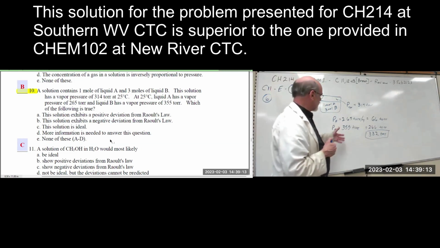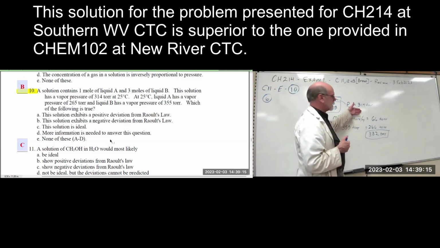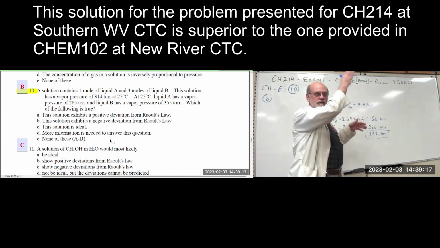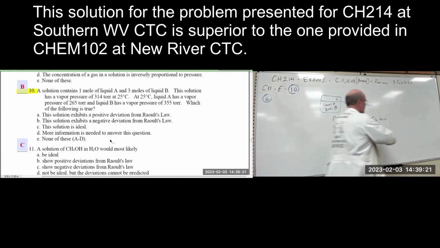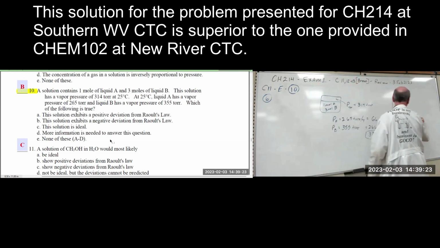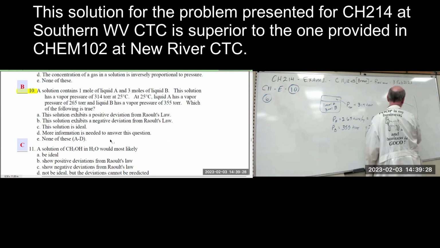So what kind of deviation do we have? We have a negative deviation. In other words, that curve is like this, right? Where we have one going this way and one going this way. So you add them together, and it should be over here and over here.